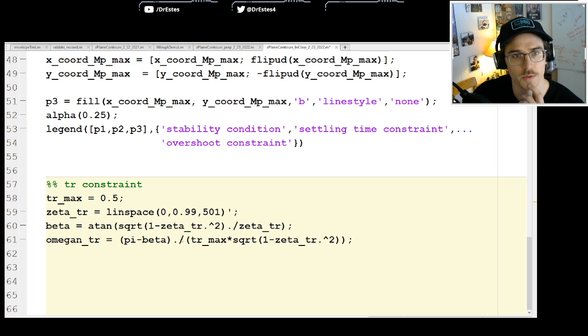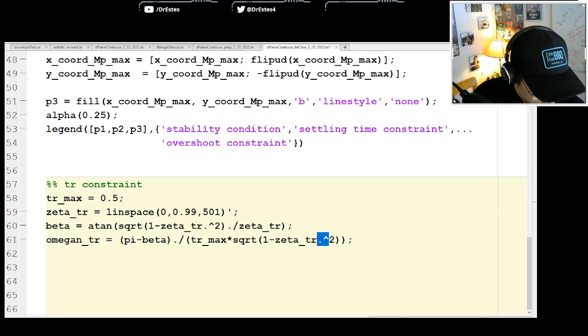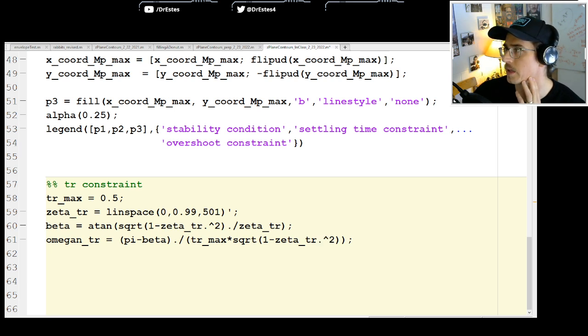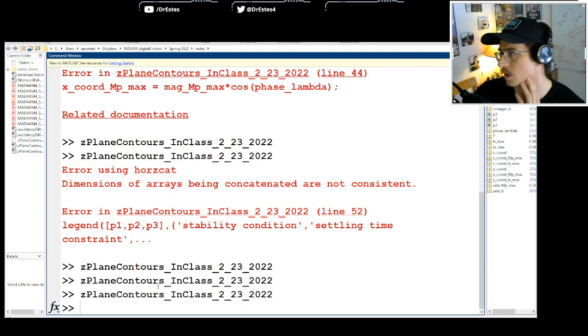Be careful with all these dot divisions and dot powers. It has to be element-wise. All right, I'm just going to run this. It's not plotting anything, but let's see if we get an error. No errors to speak of.